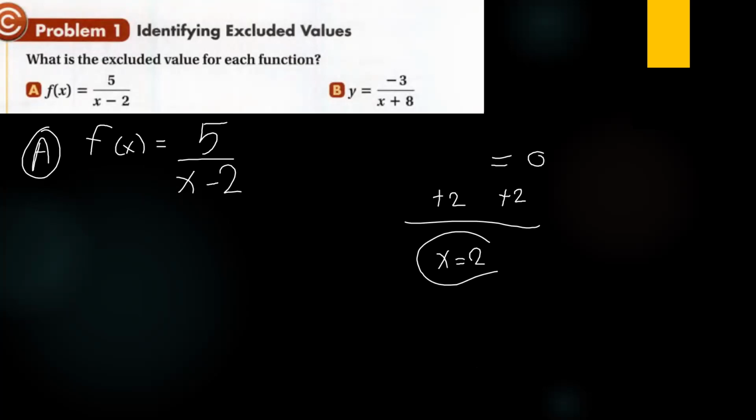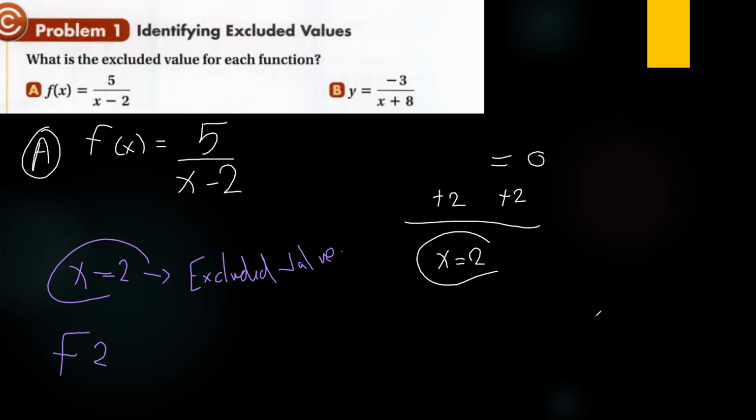So I tell them that at x equal to 2, this is an excluded value. That means if you try to find f at point 2, what do you get? You get 5 over 2 minus 2, which is 5 over 0, and this is undefined.